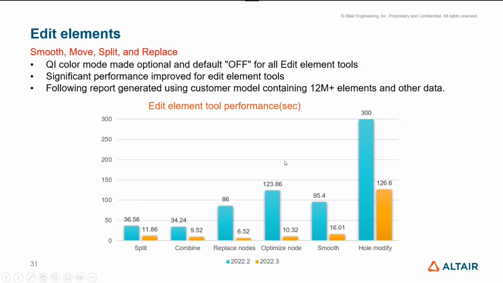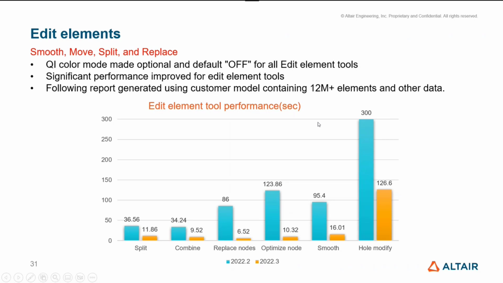This performance data shows one of the customer models, wherein the session had 12 plus million elements and other connector and other data. We had this conventional issue when we are in QI mode with edit element. Tools were becoming very expensive and operations were pretty slow.